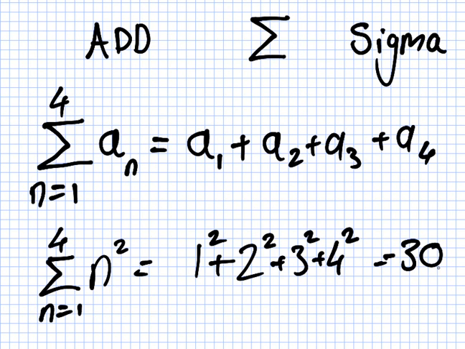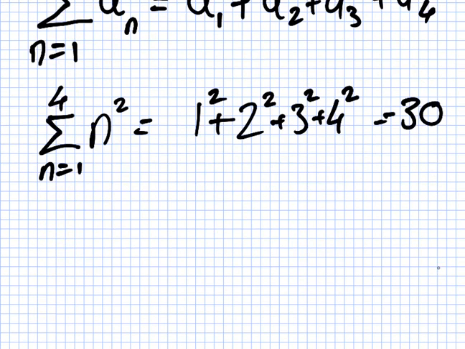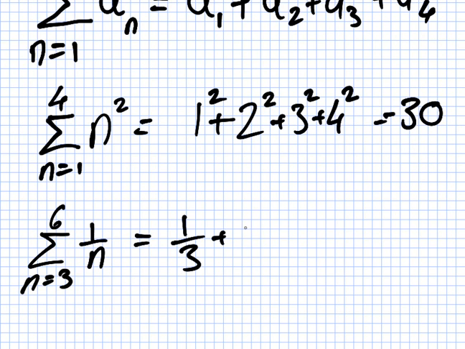Okay. So what about if I wrote something like this, for example? Well, what would be the first number here? 1 over 3, plus 1 over 4, 1 over 5, 1 over 6.